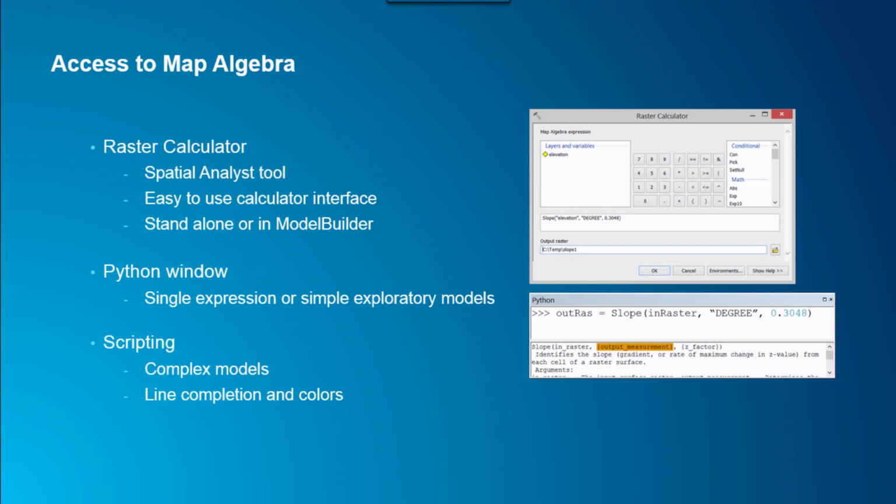Okay. Now, how do you actually access Map Algebra? There are many entry points in our system. The first entry point is the Raster Calculator. Even though it's a tool, it's a dialog, but you can write Map Algebra expressions there. It's a Spatial Analyst tool with an easy-to-use calculator interface.